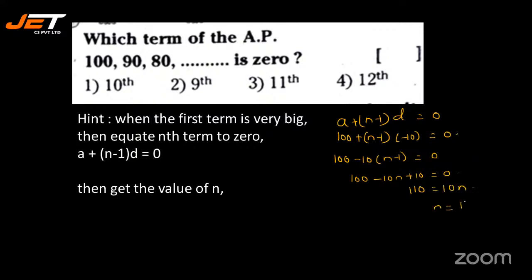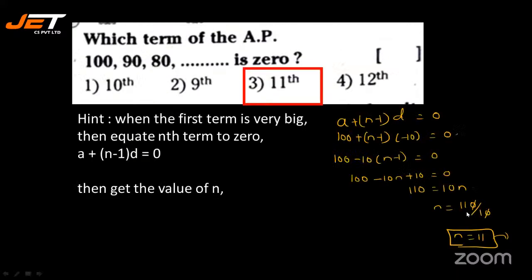So n will be 110 by 10, which is n is equal to 11. So this shows that when n is 11, that is the term where your AP becomes 0. So which term is 0? That's what. This is only 0.